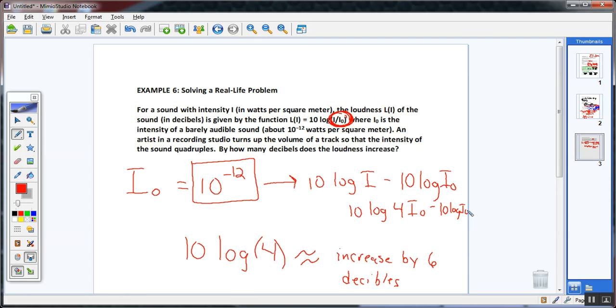So I could plug 10 to the negative 12 in here and 10 to the negative 12 in here. So I could have 10 log of 4 times 10 to the negative 12 minus 10 log of 10 to the negative 12th power here.